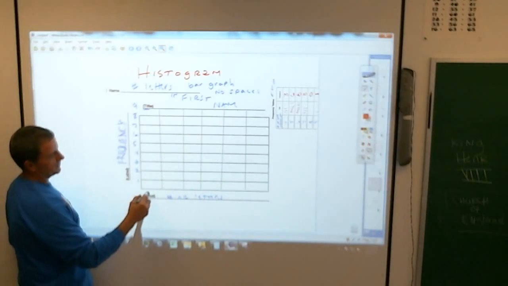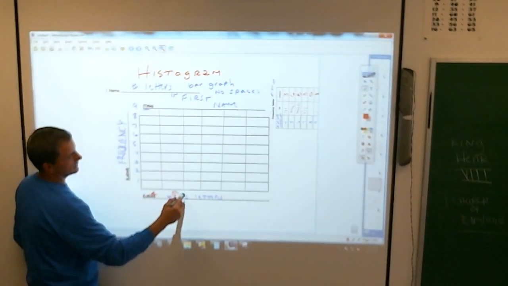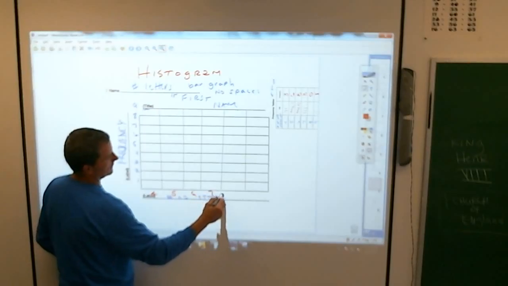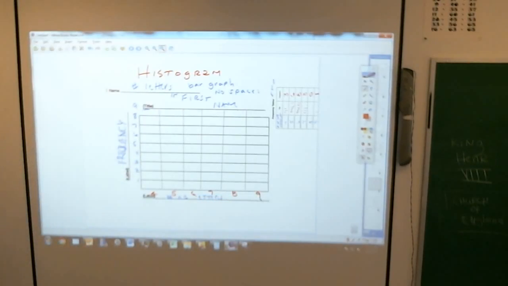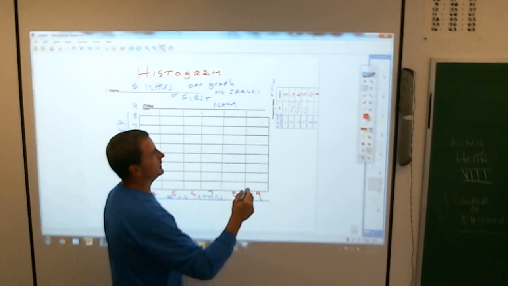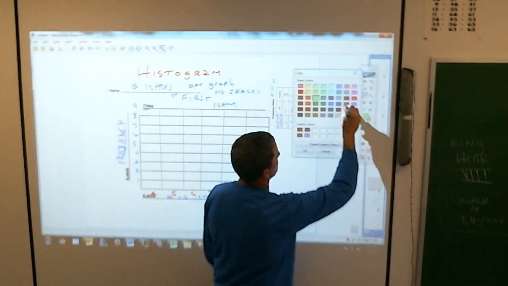And then these are the people that have 4 letters in their first name, 5 letters, 6 letters, 7 letters, 8 letters, 9 letters. And then we just fill in the blanks. What a nice purple.